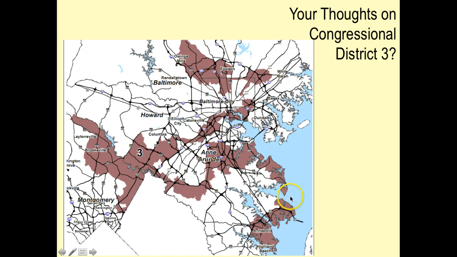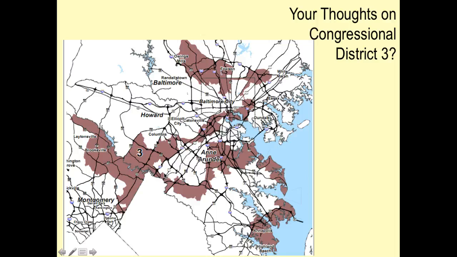They say because it goes over water, it's supposedly contiguous. But man, take a look at this crazy shape. This is Maryland. This is a democratically controlled legislature creating this weird looking district, District 3. And as the New Republic called it a couple years ago, the most gerrymandered district in America.